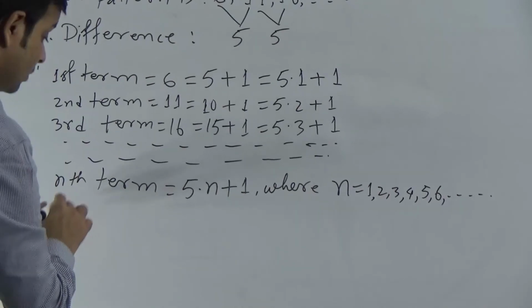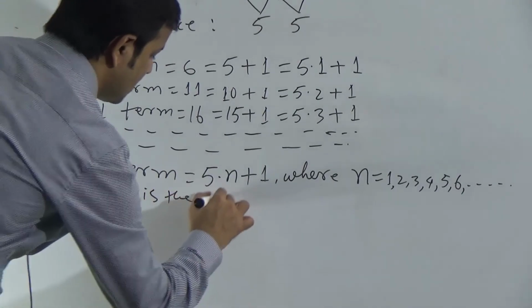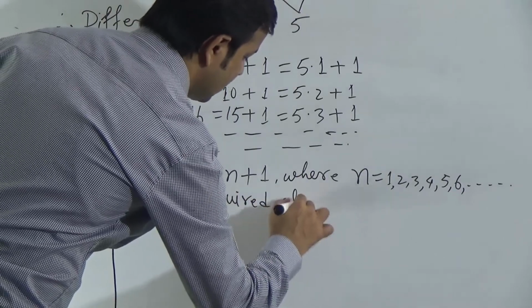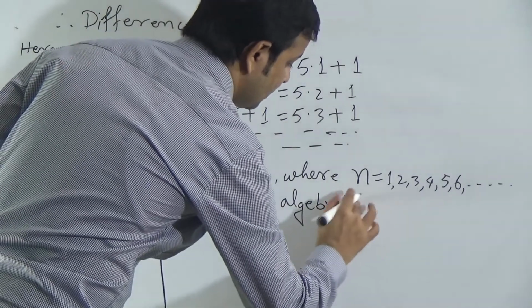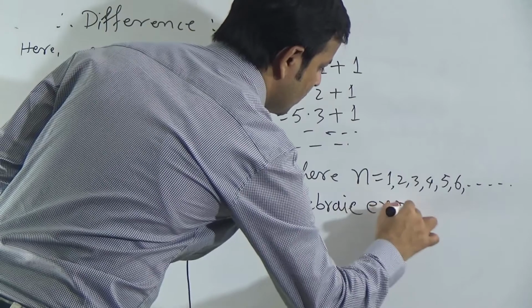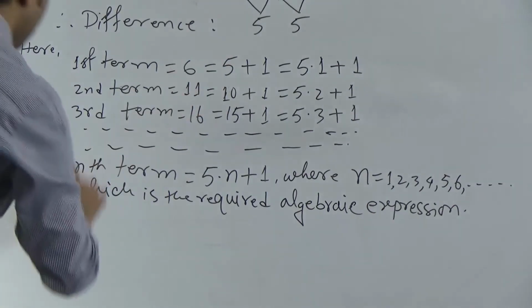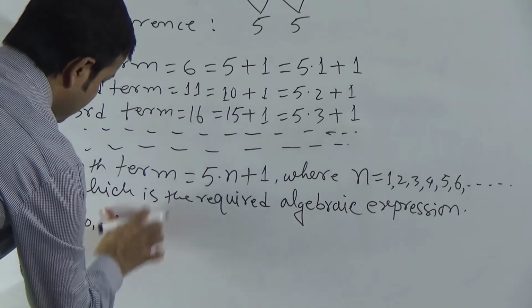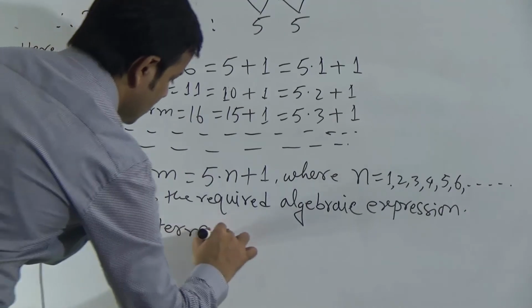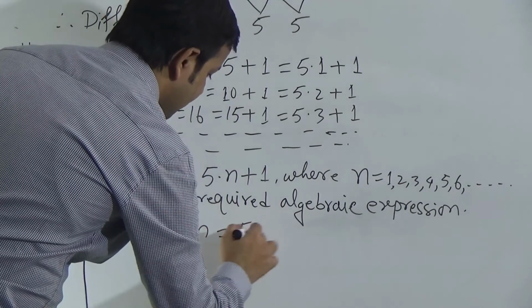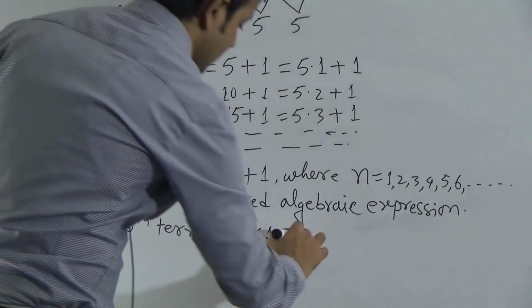So the 100th term will be equal to: we have to multiply 5 by 100, then add 1.